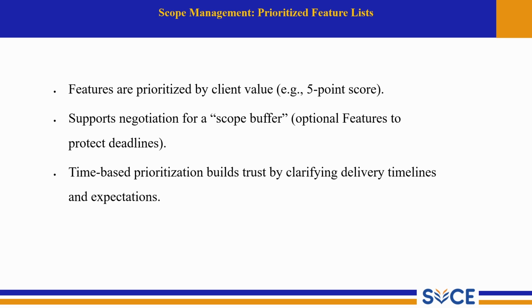It supports the negotiation for a scope buffer, optional features to protect deadlines. In other words, less critical features are marked optional. So if time runs short, they can be dropped without affecting the delivery of core value.